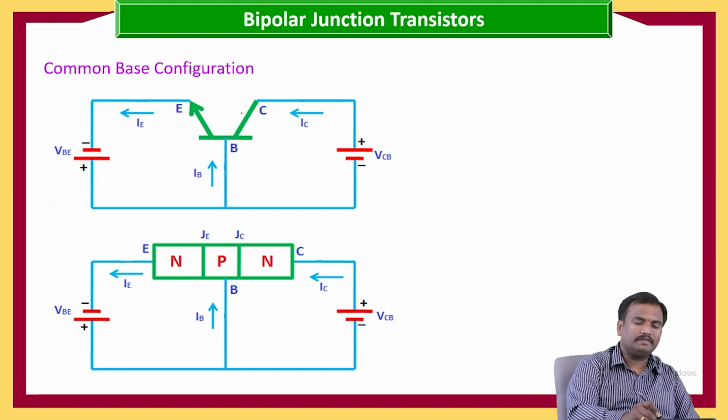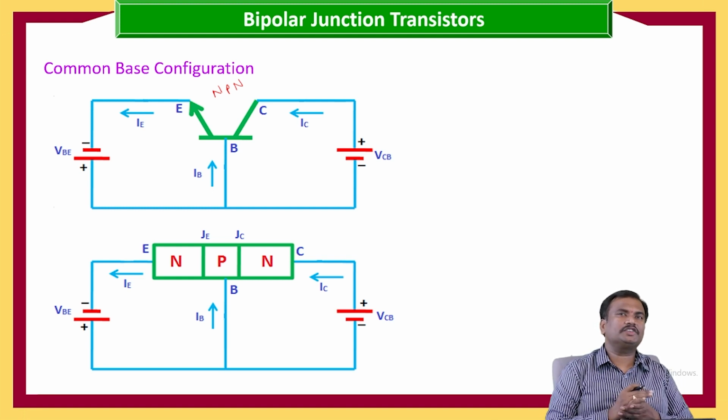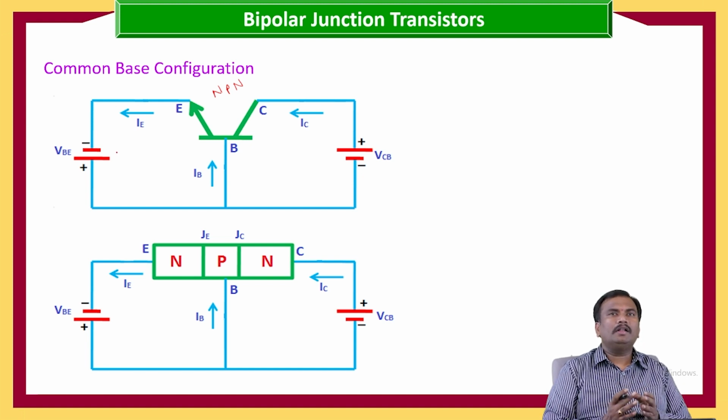Here it is an NPN transistor. So when it is an NPN transistor, the emitter N type is connected to the negative of VBE. Then only the emitter base junction will be forward biased, because once the transistor is in active mode, the emitter junction should be forward biased and the collector junction should be reverse biased.